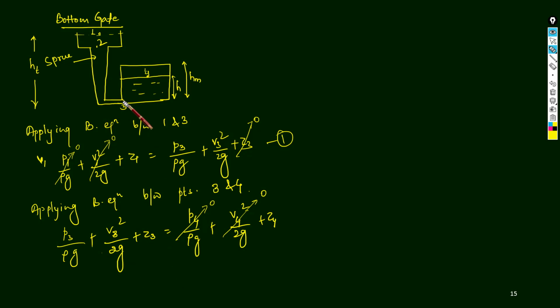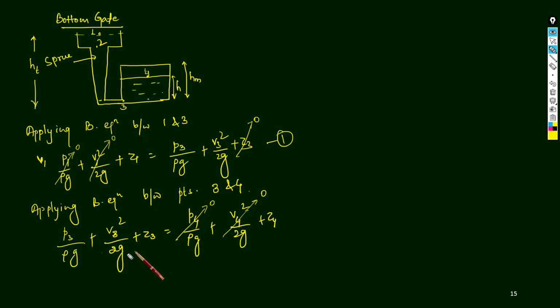Because as soon as it enters inside the mold cavity, see the point, either you take v3 here or here, pressure will be the same because they are at the same height, isn't it? This is the datum. But velocity at point 3 will be 0. We are considering inside the mold.